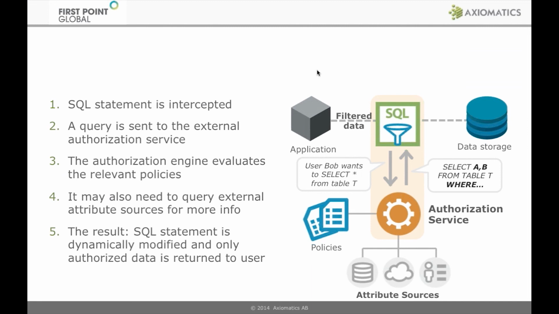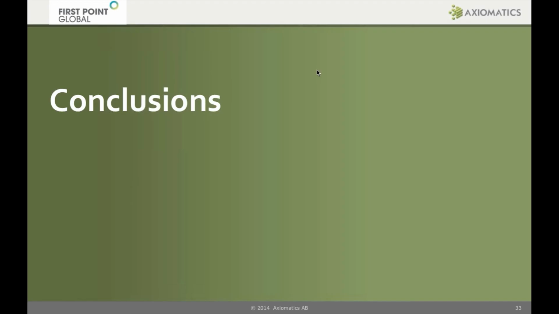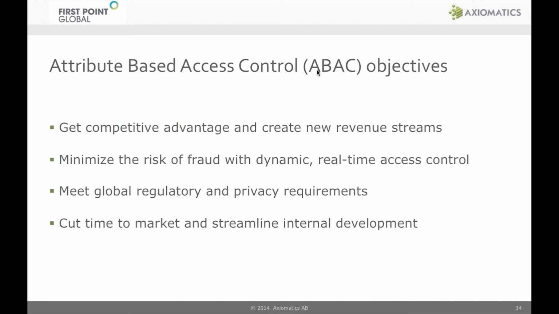All right, so from here we'll make a few concluding remarks and then turn to our Q&A session. So we hope that you've seen through this webinar that by implementing ABAC, some of the objectives that customers have are to try and get a competitive advantage over others in their verticals, or to be able to roll out new services or products faster than their competition.